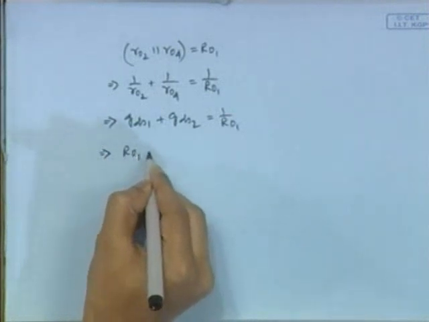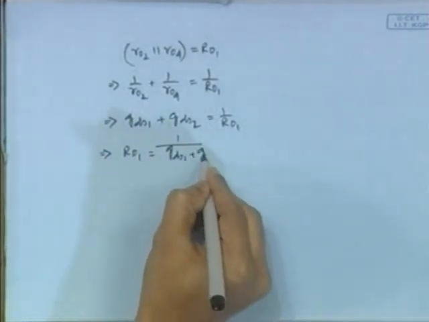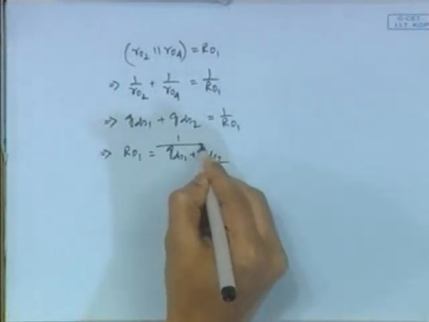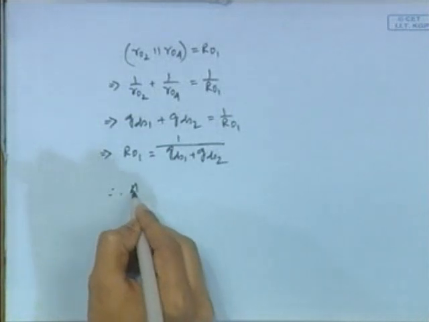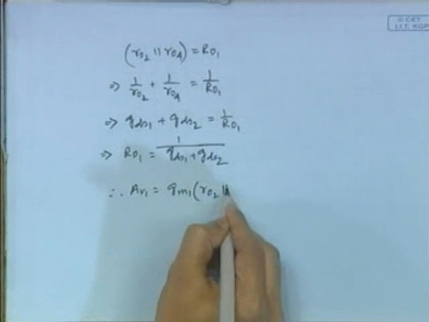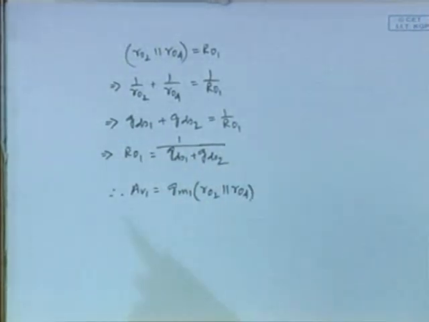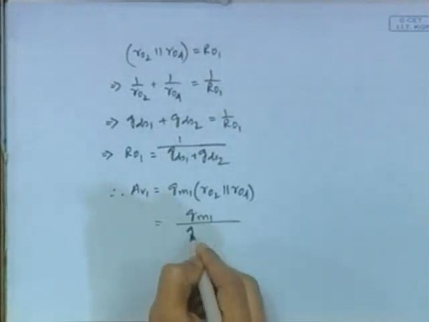So R01 is basically 1 by GDS1 plus GDS2. From here we can get the first stage gain from yesterday's formula, which comes out something like this.